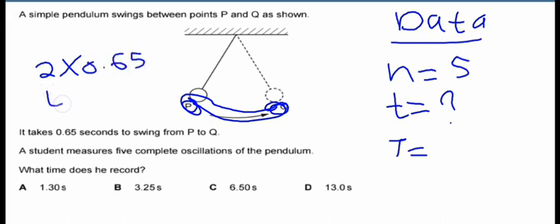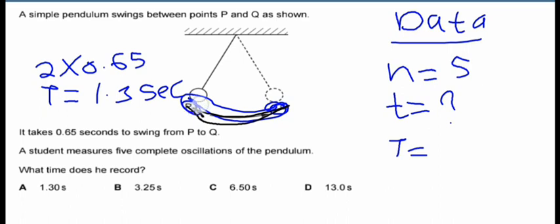Then the period of the pendulum is just going to be 1.3 seconds. This 1.3 seconds is coming from when the bulb moves from P up to Q and back to the same initial point, which is P. That is one complete oscillation. Meaning, the period of the pendulum that we have here is just 1.3 seconds.